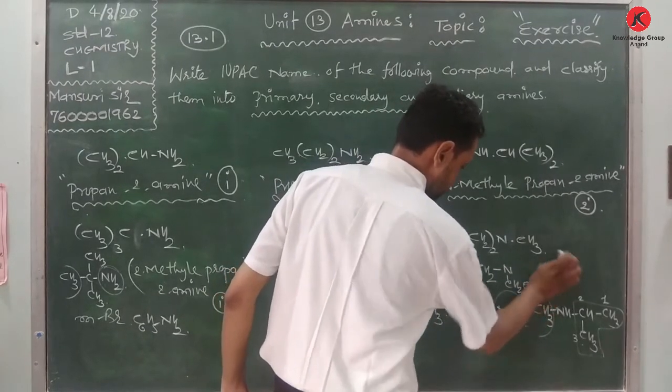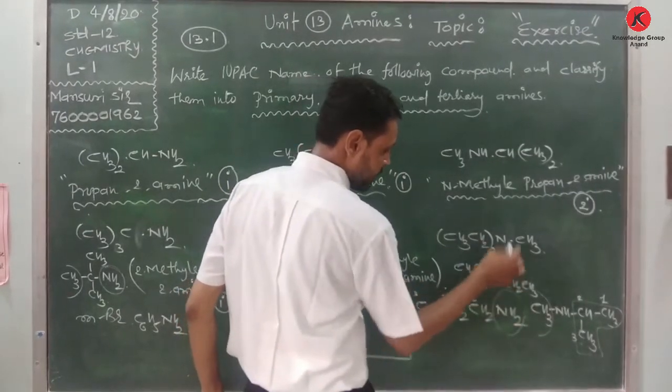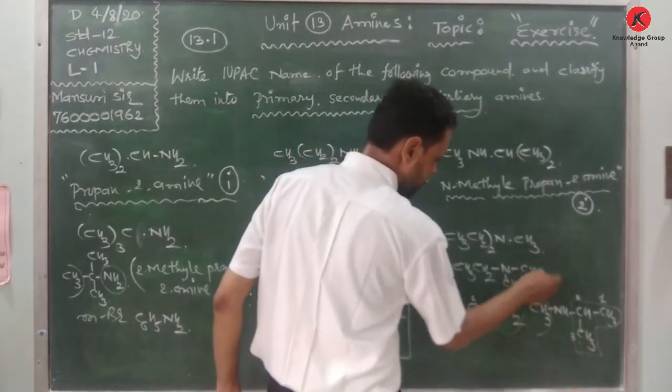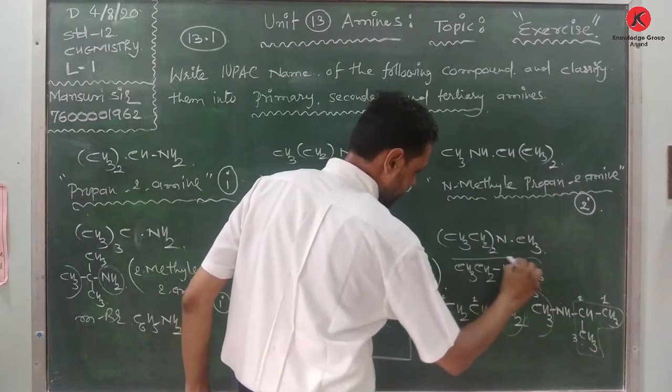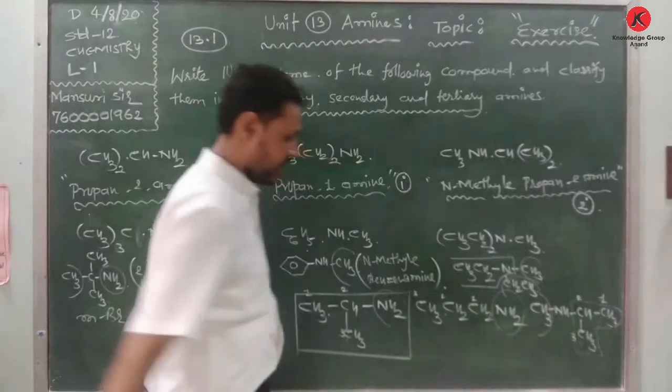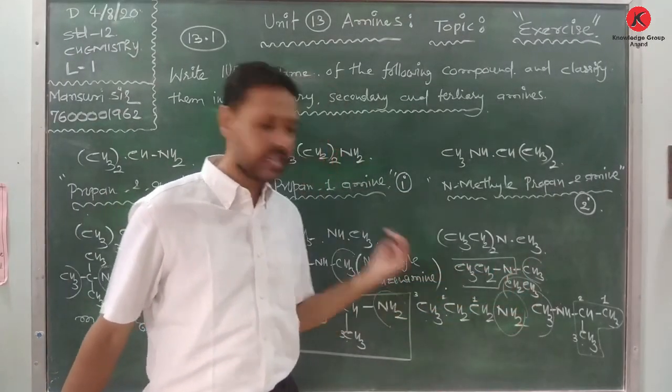Now here you can say that there are CH3 CH2 and CH2 CH3, because you have ethyl groups on nitrogen, so that is N-ethyl-N-methylethanamine.